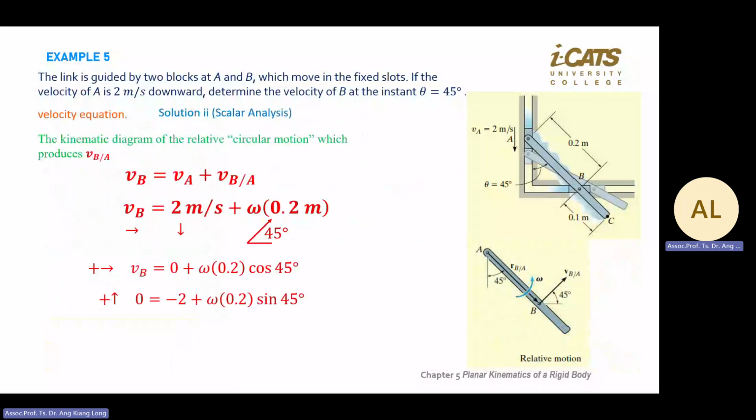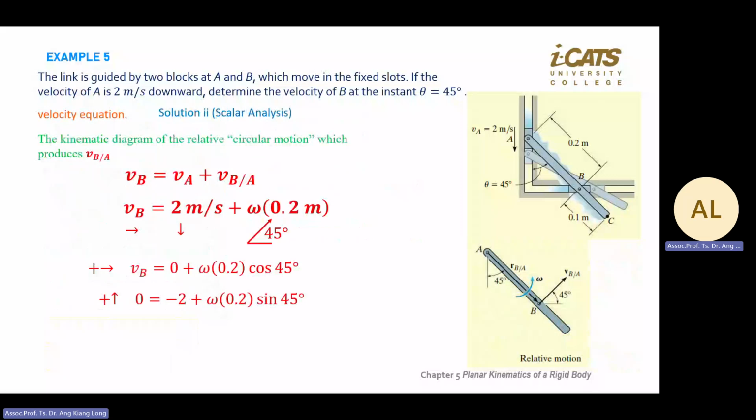The hardest part, if you use scalar analysis, is that it is very hard to imagine the direction of VB relative to A, because the question only stops here. You don't know the direction. But usually VB relative to A is 90 degrees to the R. Usually this one is tangent to the R, because A to B rotates in circular motion.